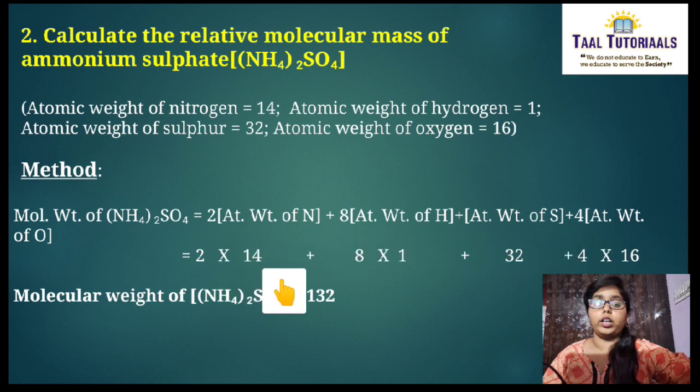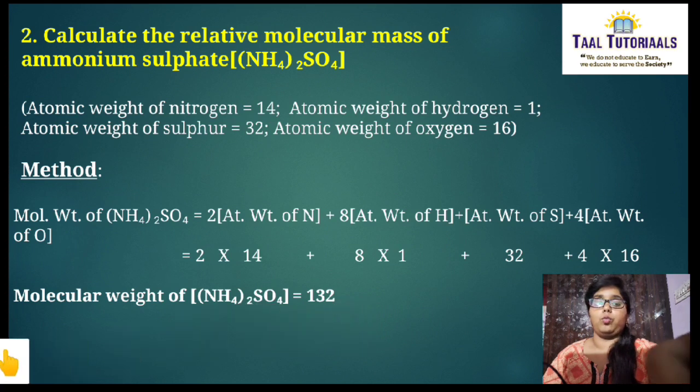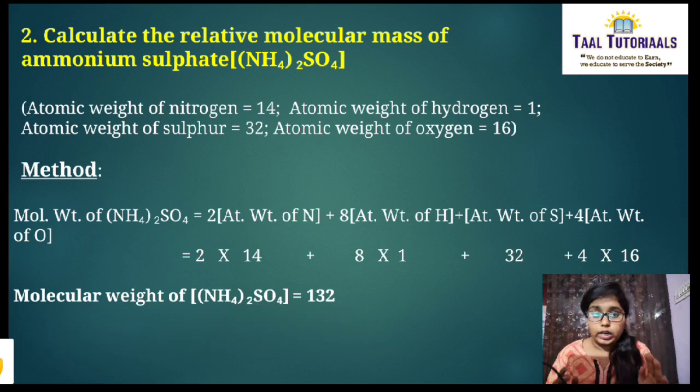Okay, 2 into 14, 8 into 1 plus 32 and 4 into 16. If you add all of it, you get the answer 132. This is how to calculate the molecular mass of any substance, compound or element. For this you need the atomic weights of everything.